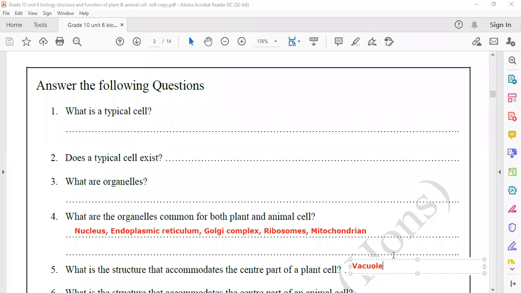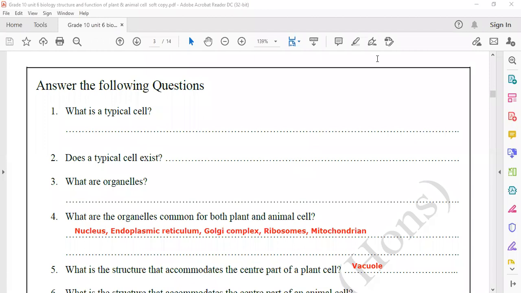Okay, it is vacuole occupying the center part of a plant cell.